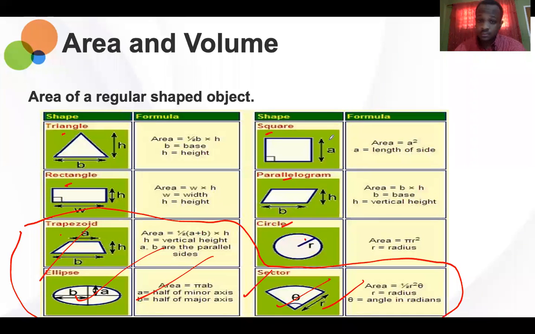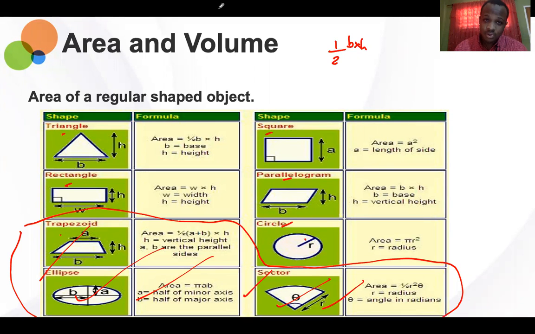The base times the height. So it's half the base times height. Half base times height.